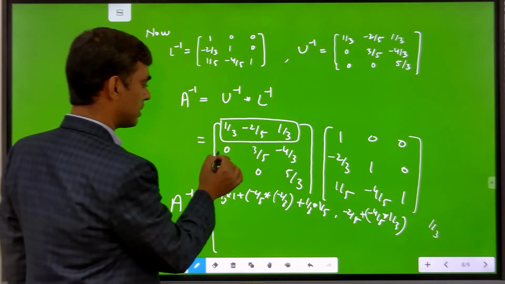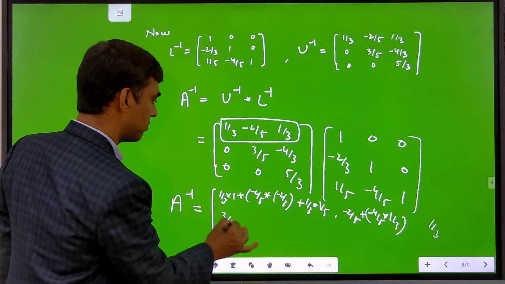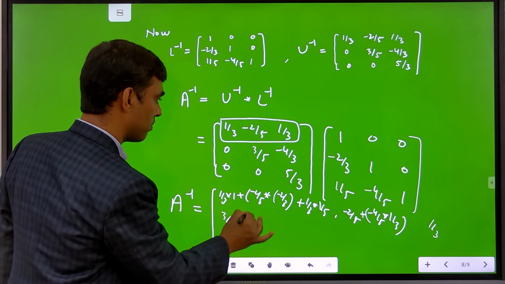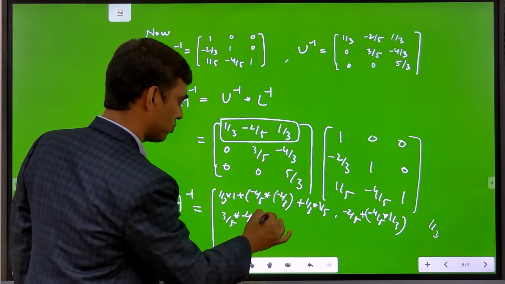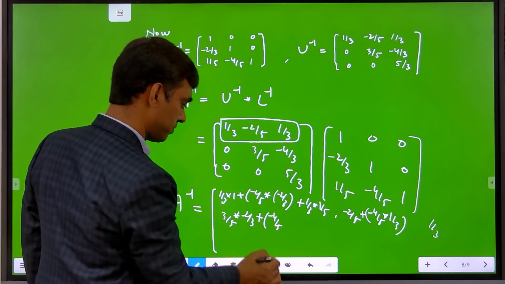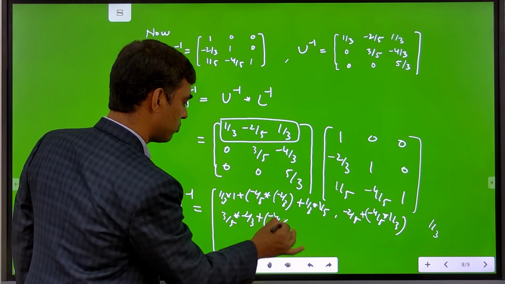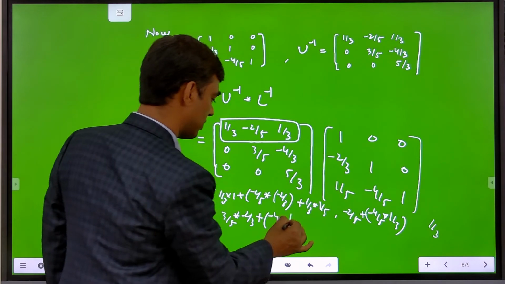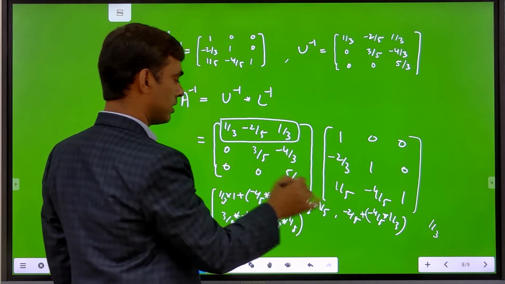Similarly, we calculate second row, first column. This one is 3/5 into minus 2/3, plus minus 4/3 into 1/5. This one is second row, first column.